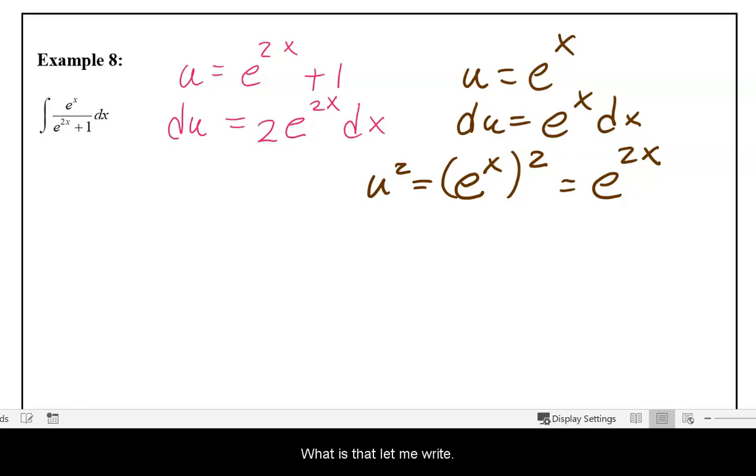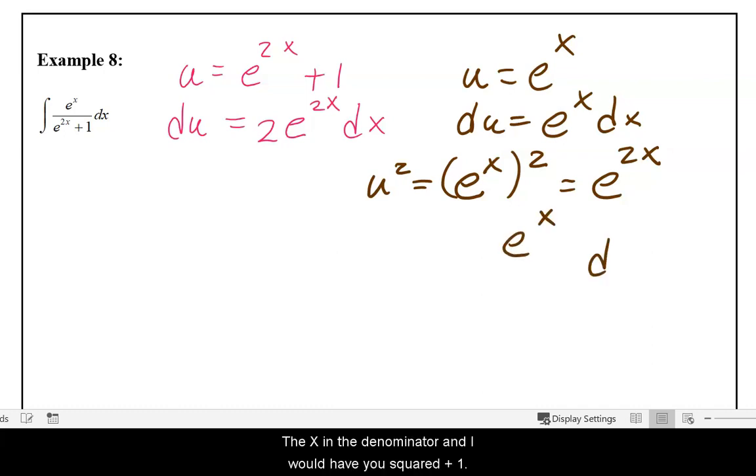What does that let me write? If I'm looking at this one, this would then lead to the following. I would have, what would I have? I would have e to the x in the numerator, dx in the denominator, and I would have u squared plus 1.